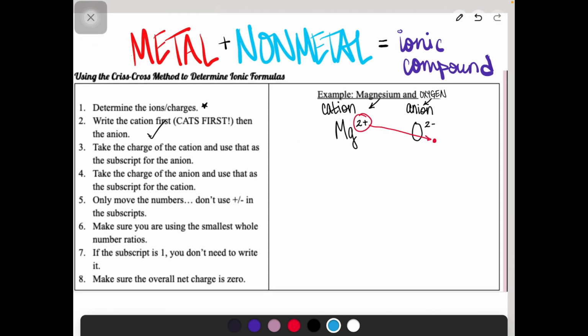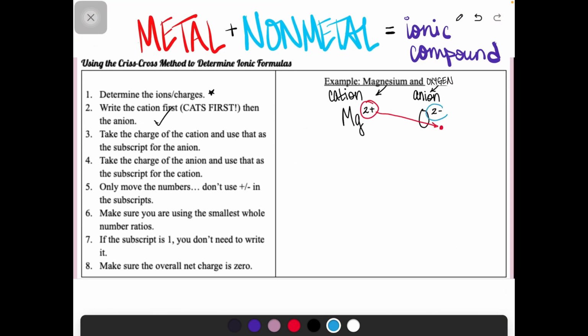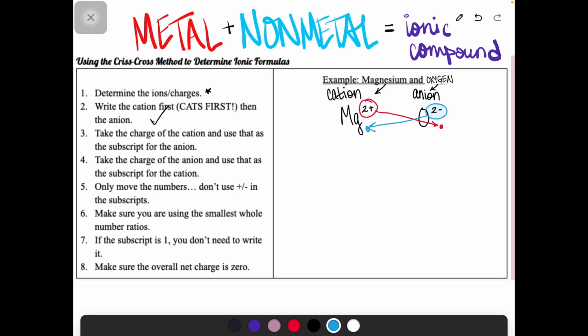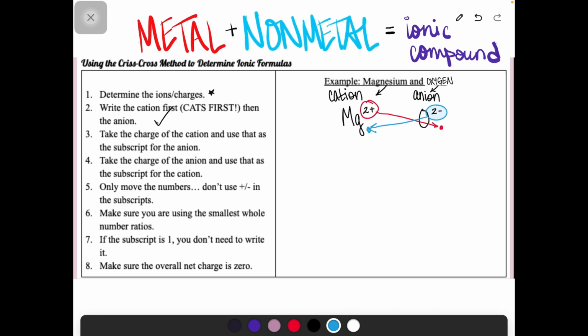Take the charge of the anion and use that as the subscript of the cation. Only move the numbers, don't use positive and negative in the subscripts.